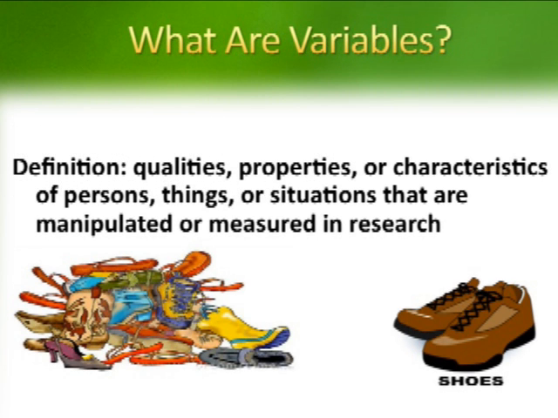What are variables? Variables are qualities, properties, or characteristics of persons, things, or situations that are manipulated or measured in research. Within the context of a quantitative research investigation, concepts are usually referred to as variables.